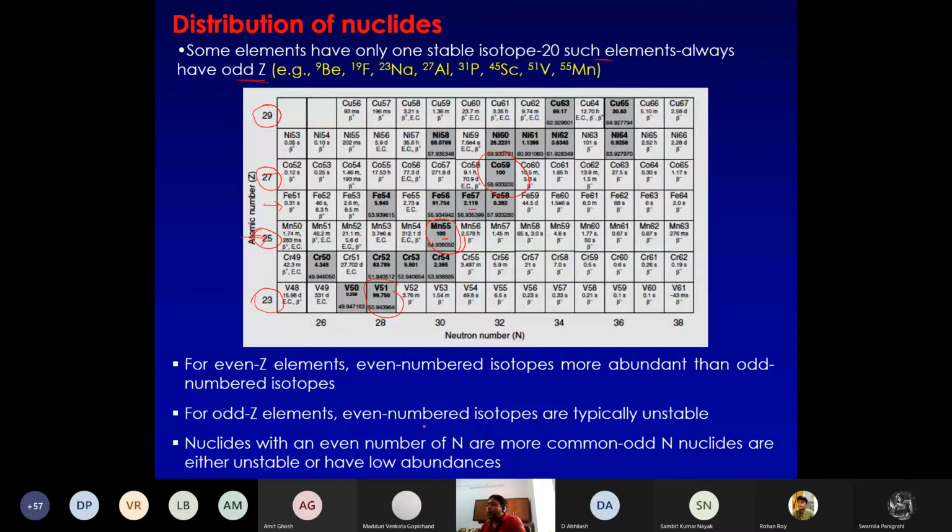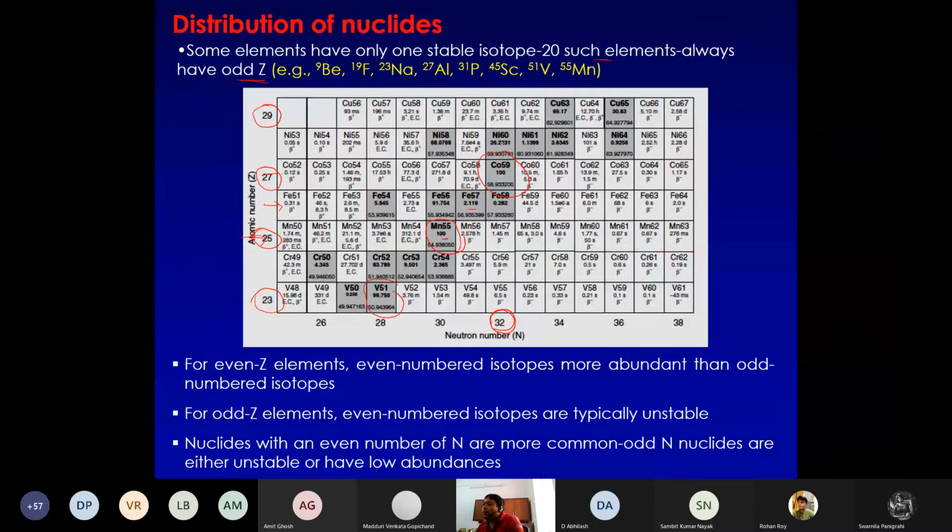If you look vertically in this nuclide chart, normally you will see even numbers of neutrons, say for example, neutron number 32. Those nuclides which have an even number of neutrons are typically more common. For example, cobalt 59, with an even number of neutrons, 100%.